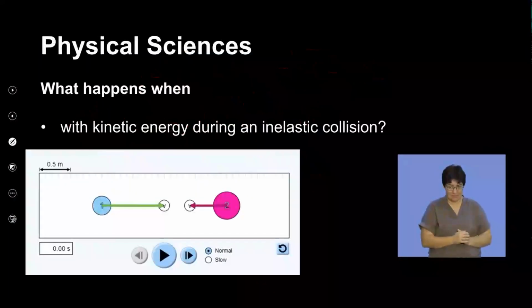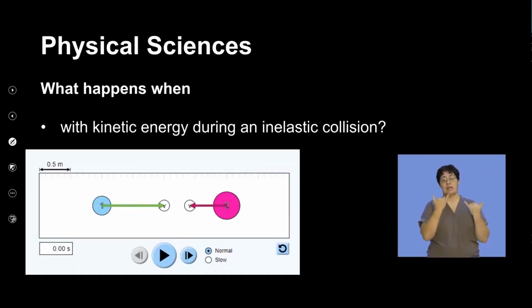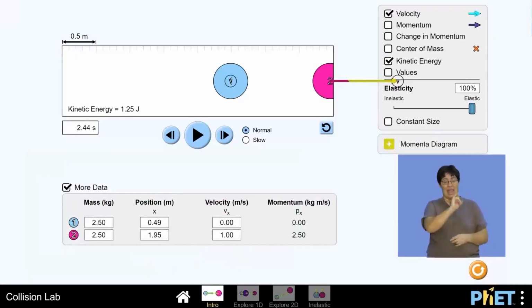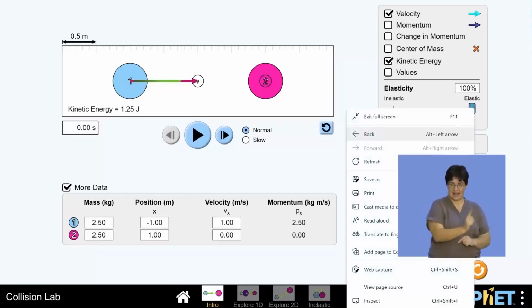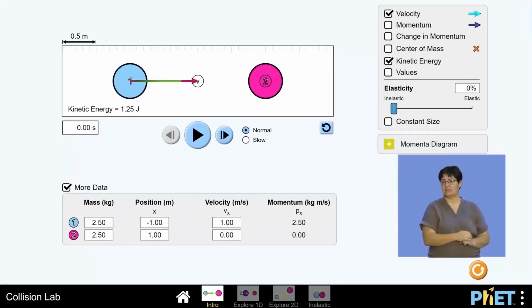Now, let's look at an inelastic collision. So now we're going to go back here. Let's reset this. We're back at what we had here. Now I'm going to change whether it's elastic or inelastic, okay? Now, if you look at my little scale over here, I can go to 100% inelastic.